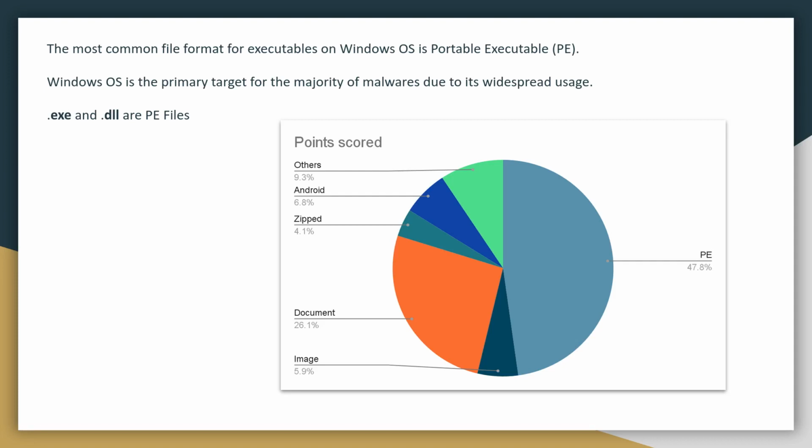If it has something embedded in the Word document, you can execute some malicious file. You can have some code embedded into the Word document, like macros. You can also do that with Excel files as well. And we can see 5.9% is images, and 9.3 are just others.